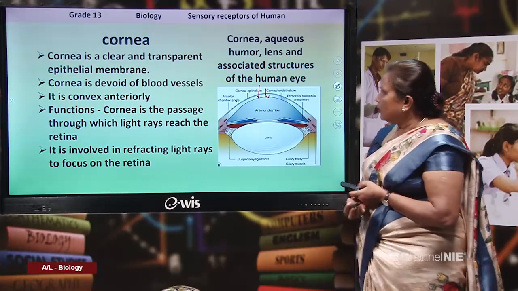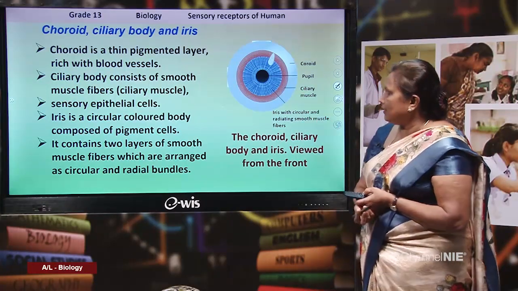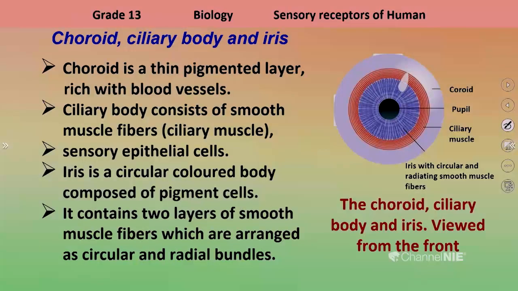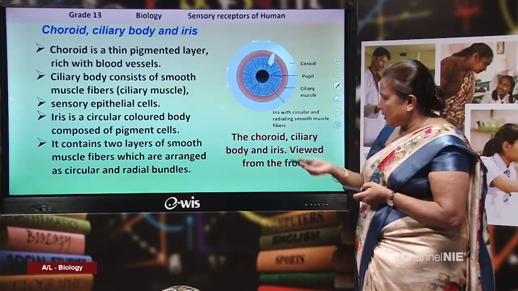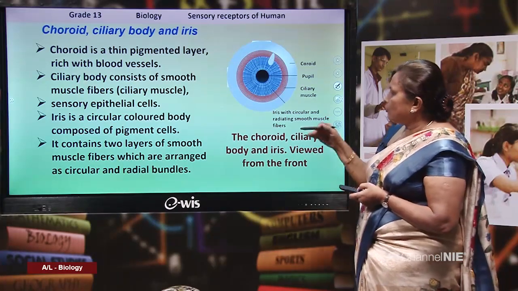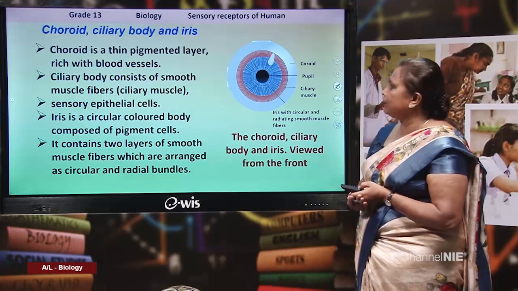Then you studied the second layer, which is a very important part: the choroid, ciliary body, and the iris. The choroid is a thin pigmented layer rich with blood vessels, which is found in the lateral and posterior part of the eye. That is part of the second layer.